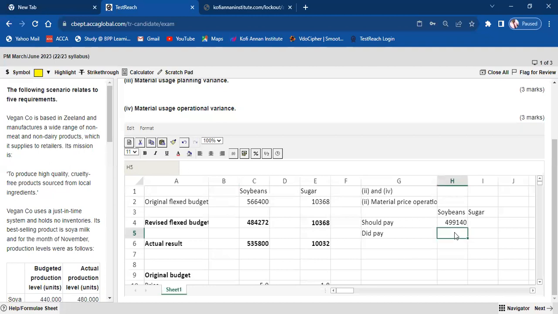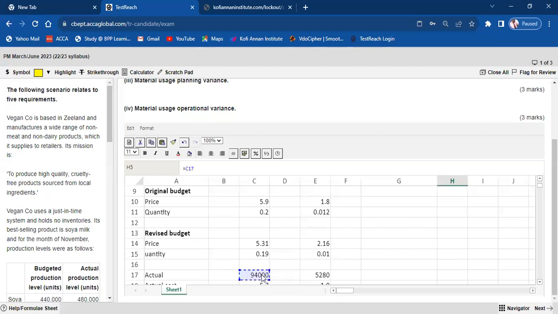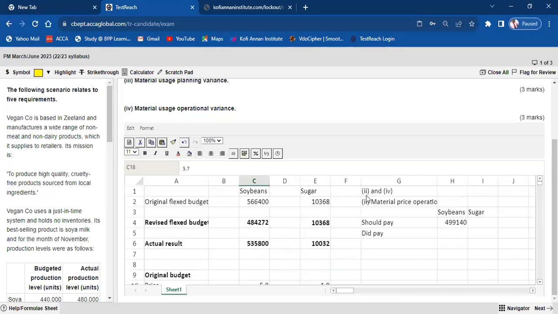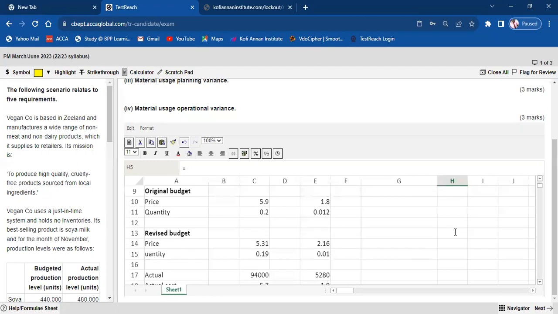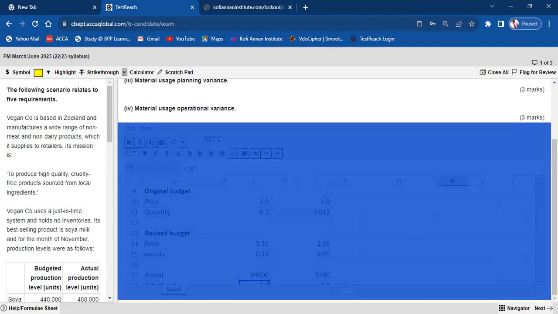Let me do that again. We should have paid that, but we did pay for each of the 94,000. We did pay times 5.7. What's happening with mine? Okay. 94,000. Okay, 5.7 times 94,000. There's something going crazy here.